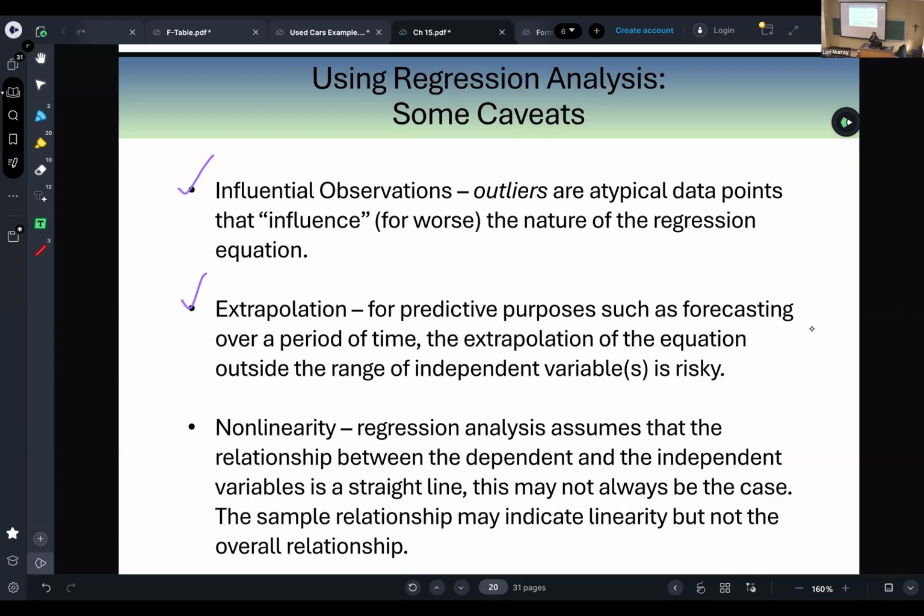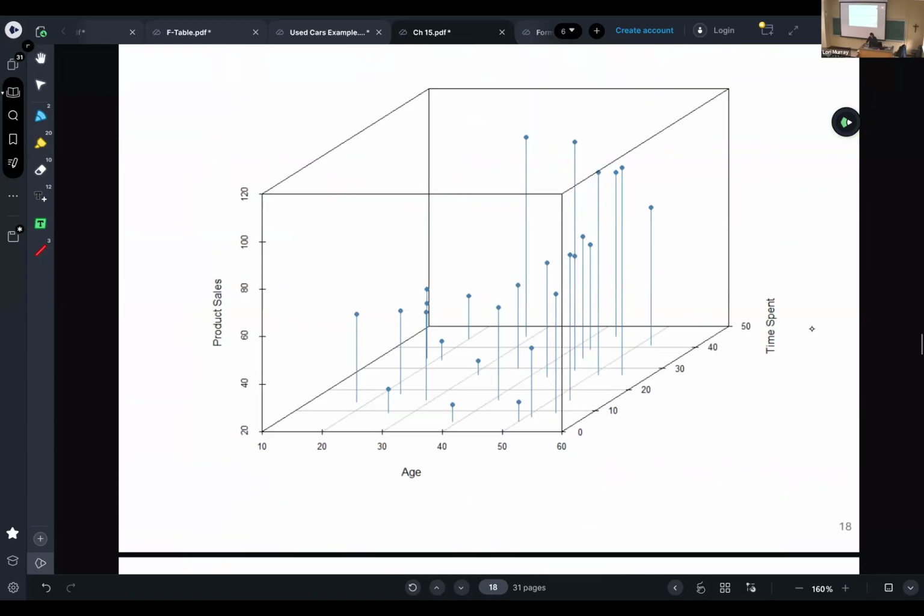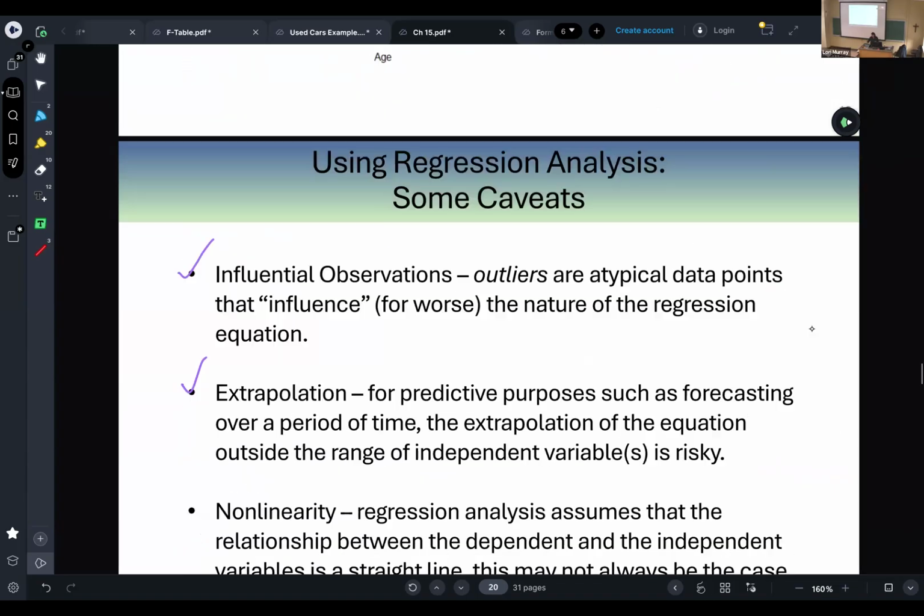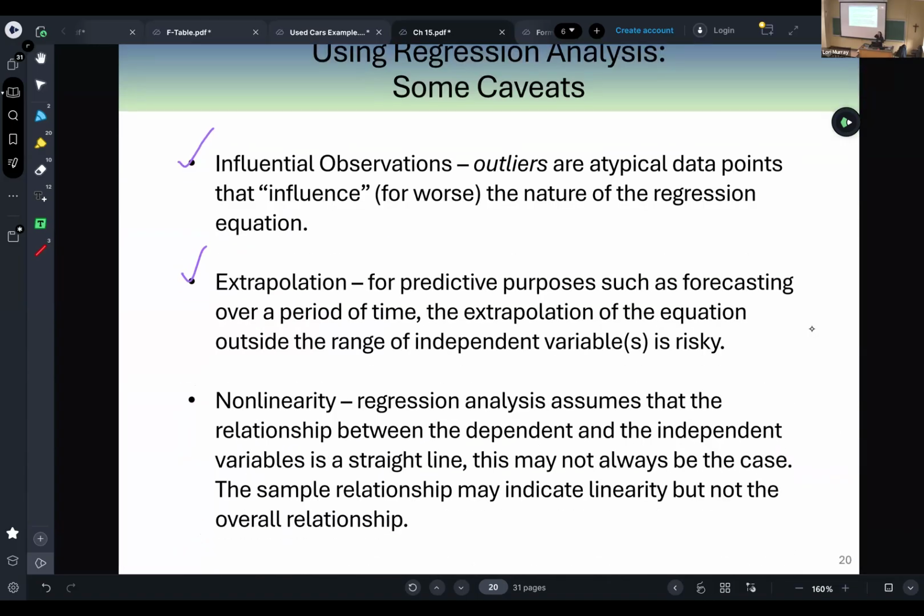But that is called extrapolation. For predictive analytics, we want to forecast, so you want to interpolate within our data. Don't go outside of it. It's risky because you could have an error. If the highest age in our data set was 45, you wouldn't want a prediction for an 80-year-old.